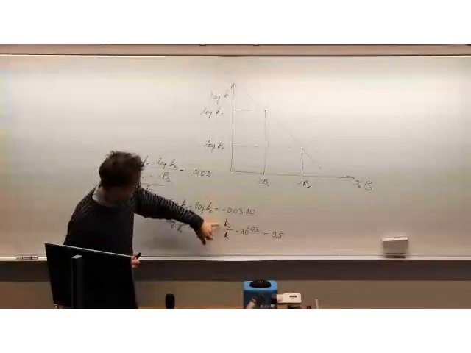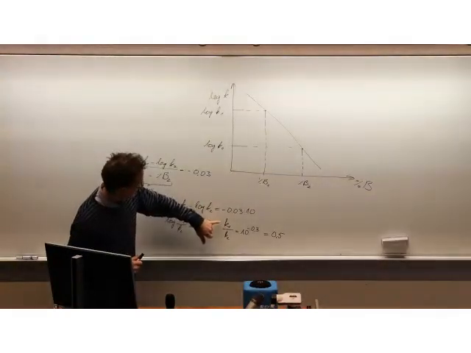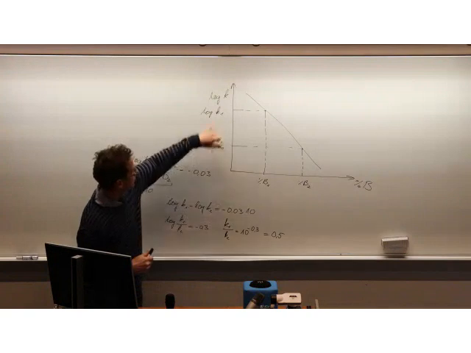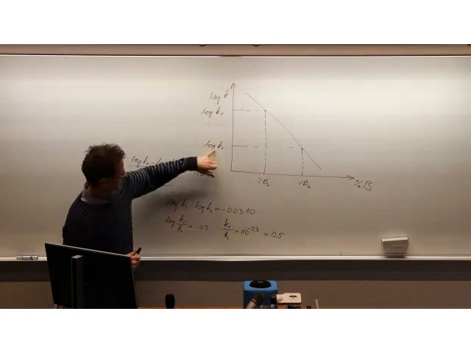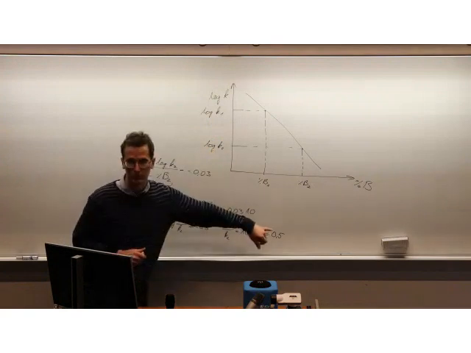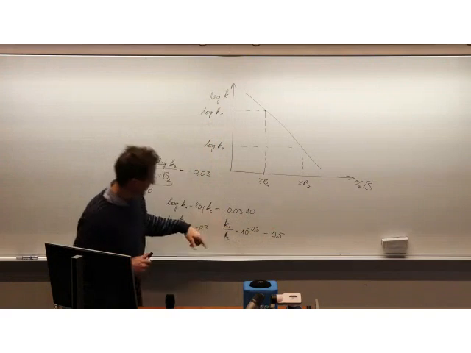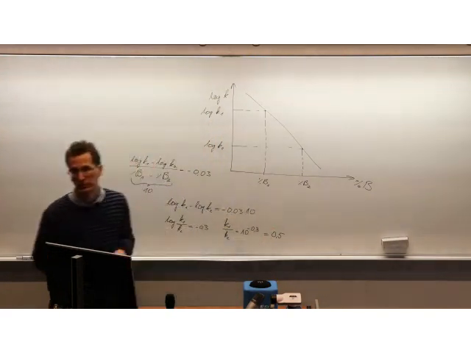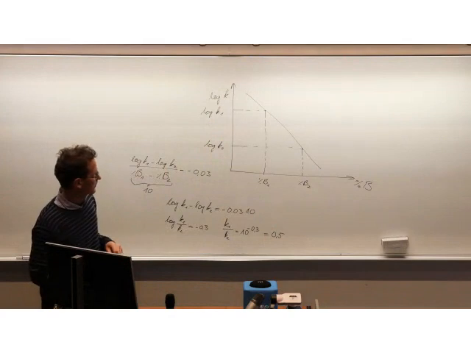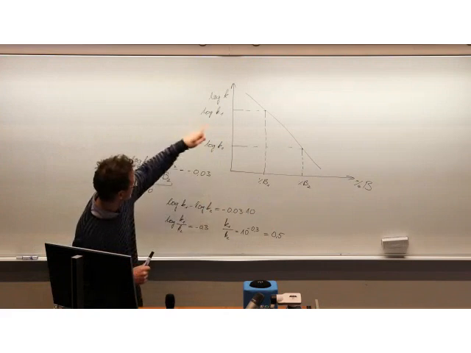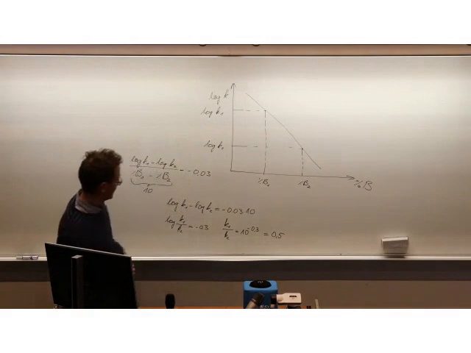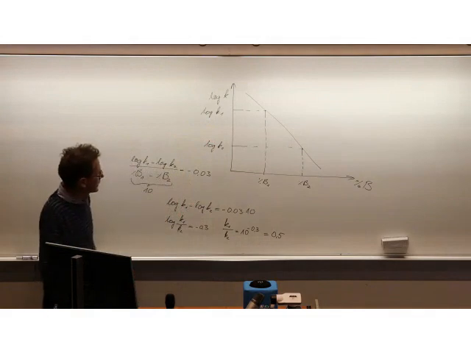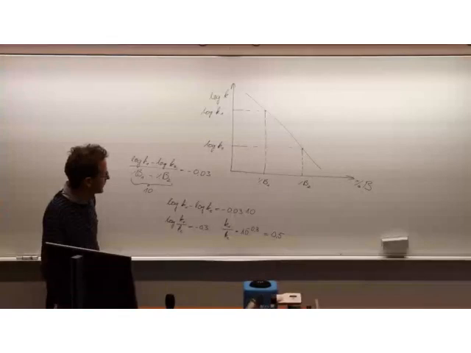So what we see is that the retention factor K1 is bigger than K2 by a factor of 2. Sorry, K1 is smaller than K2 by a factor of 2. K1 would be bigger. K1 is, yes, K1 is bigger.